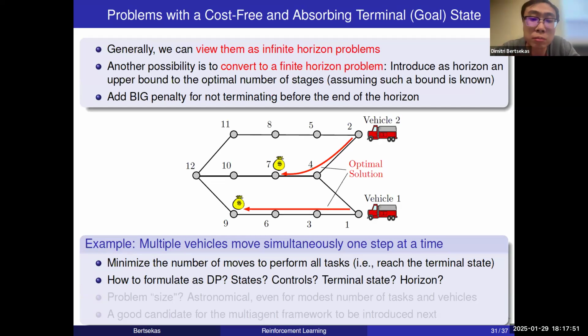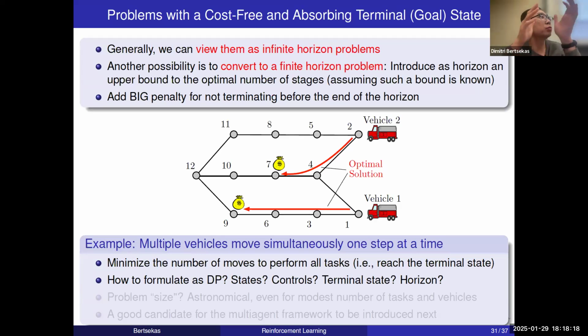So, this gentleman mentioned the current entire trajectory of vehicle 1 and vehicle 2. That's one valid option, but it's not the most efficient option.